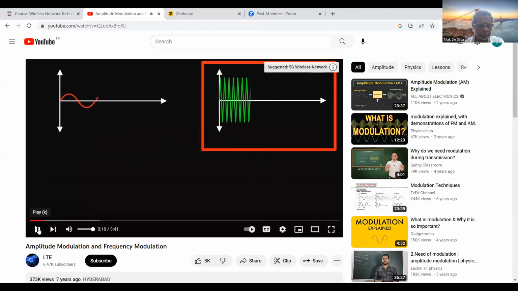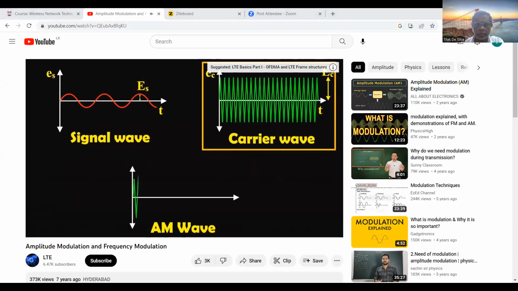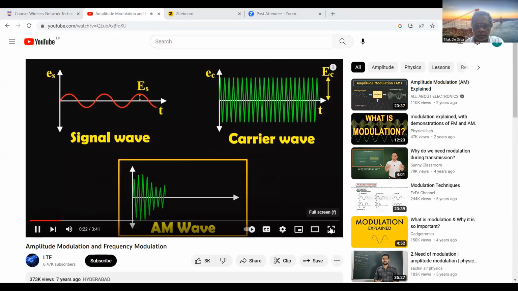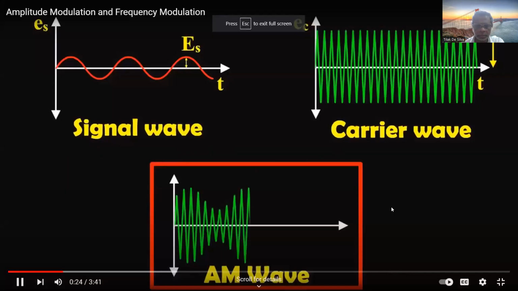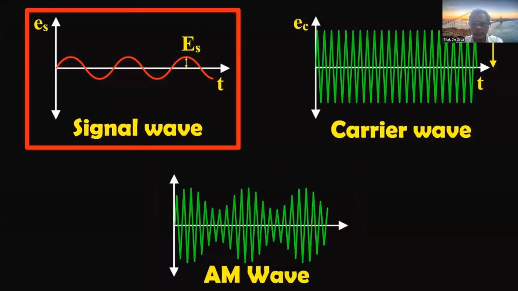When the amplitude of a high frequency carrier wave is changed in accordance with the intensity of the signal, this process is called amplitude modulation. In amplitude modulation, only the amplitude of the carrier wave is changed. The frequency and the phase of the carrier wave remain constant.